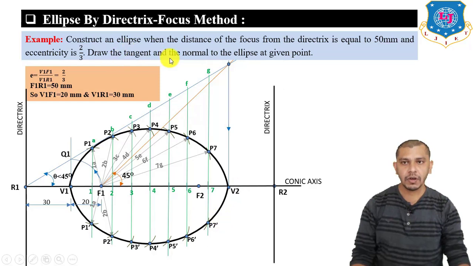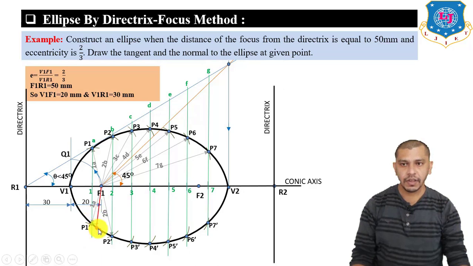Now we have to draw the normal and tangent to the ellipse at a given point. So first of all, mark a point anywhere on the curve. Let us say we mark point S over here. Now connect this point to the focus point, or draw a line from S connecting F1.